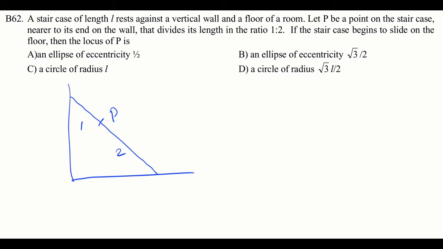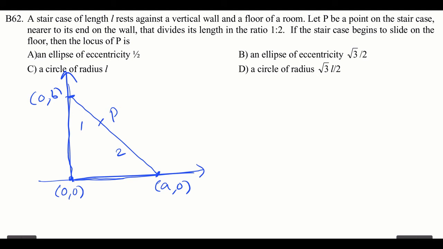For that I choose a convenient coordinate system. Let me assume this as positive x-axis and this as positive y-axis. So this is the origin over here. Suppose this point is a comma 0 and this point is 0 comma b. So you can see that this length is a and this length is b.